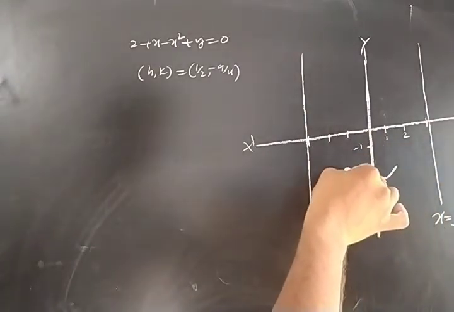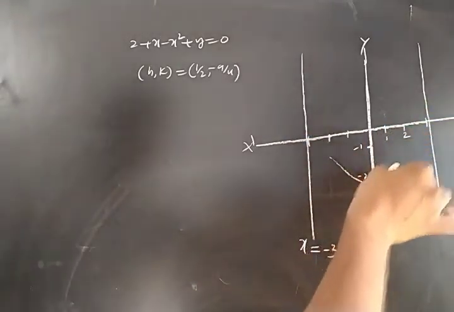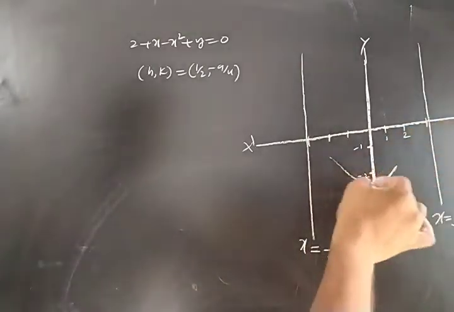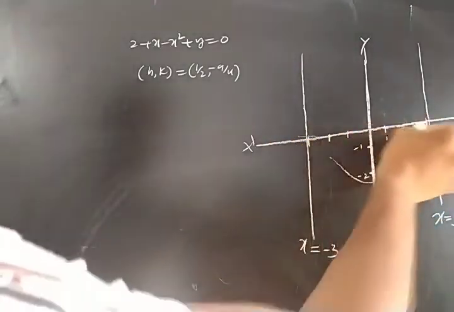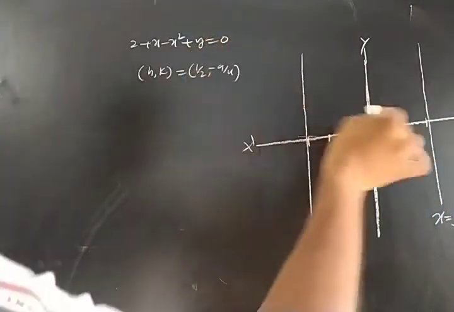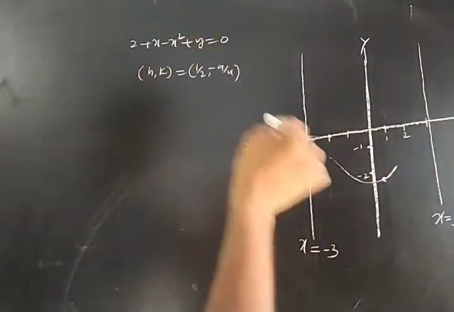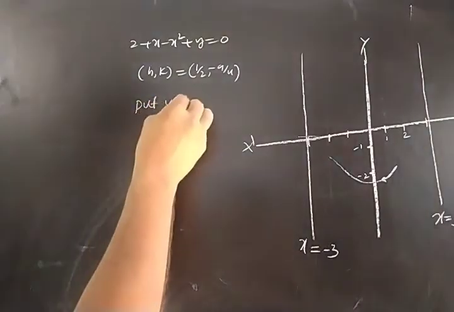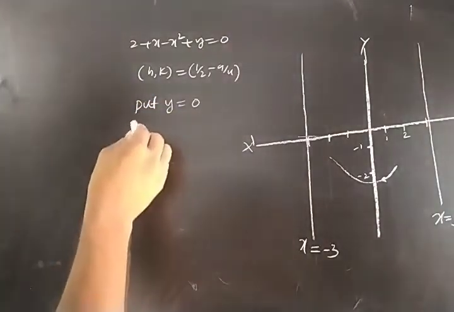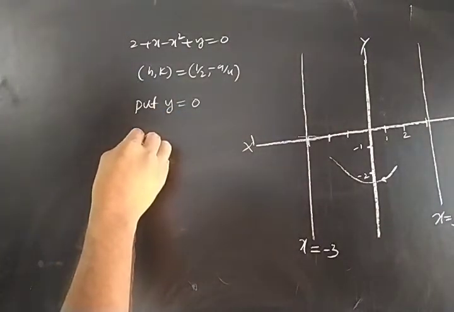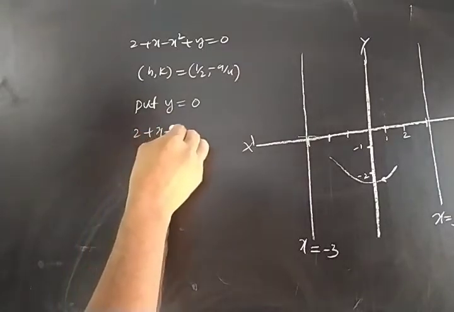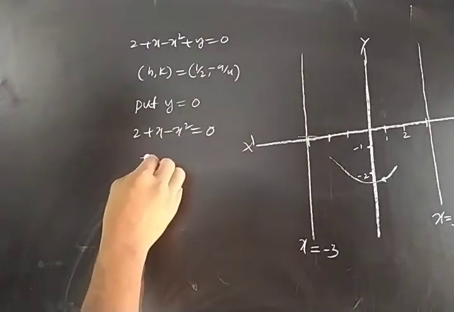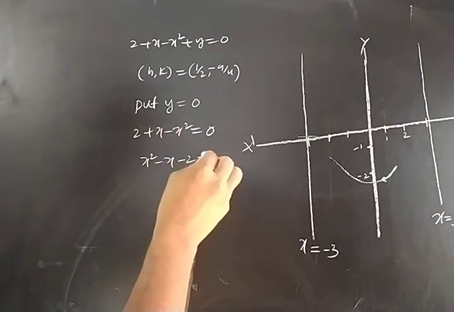But when we draw this, it will meet the x-axis somewhere. To know the points where it meets the x-axis, we have to put y equal to 0. Why? Because if you put y equal to 0 in this equation, you will get the x points where it meets the x-axis. So I am putting y equal to 0. We will get 2 plus x minus x square is equal to 0. So by modifying, x square minus x minus 2 equal to 0.